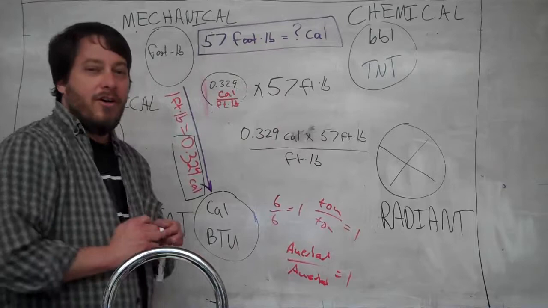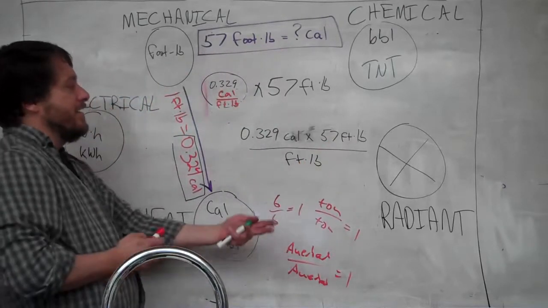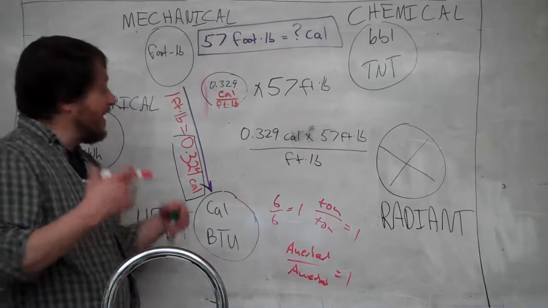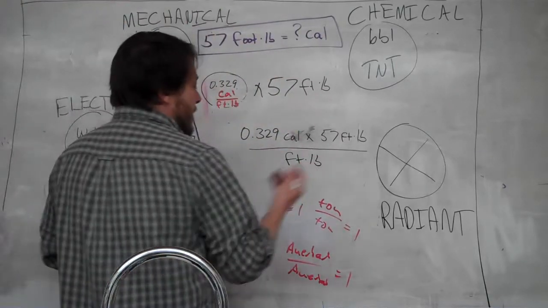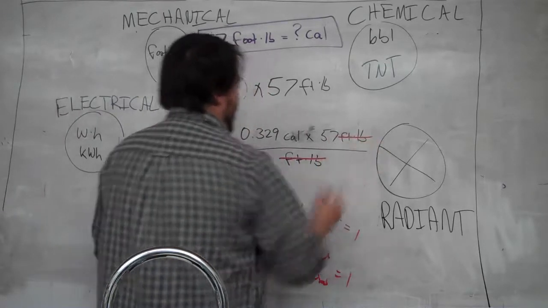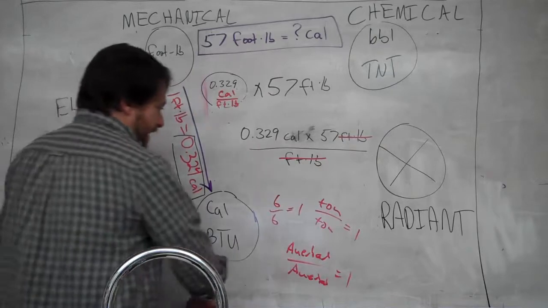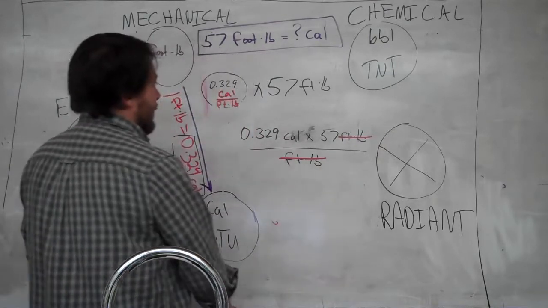It's all a matter of the same thing over itself equals 1. And if it's 1, you can get rid of it because everything times 1 is just itself. So it's a little mathematical trick, but that way you can cross out foot-pounds and automatically you end up with the right unit.